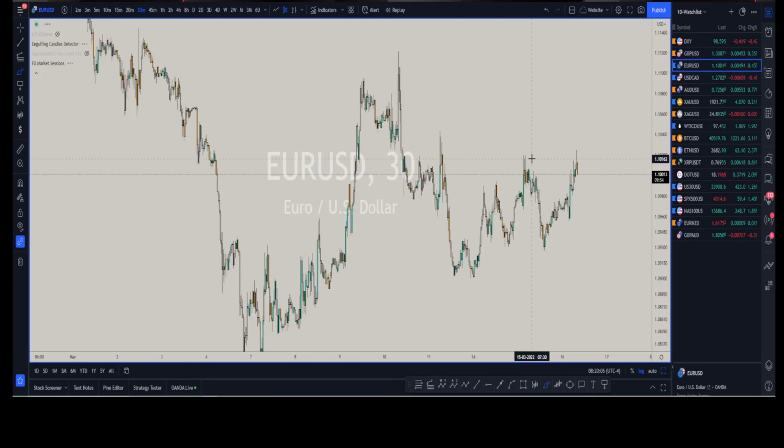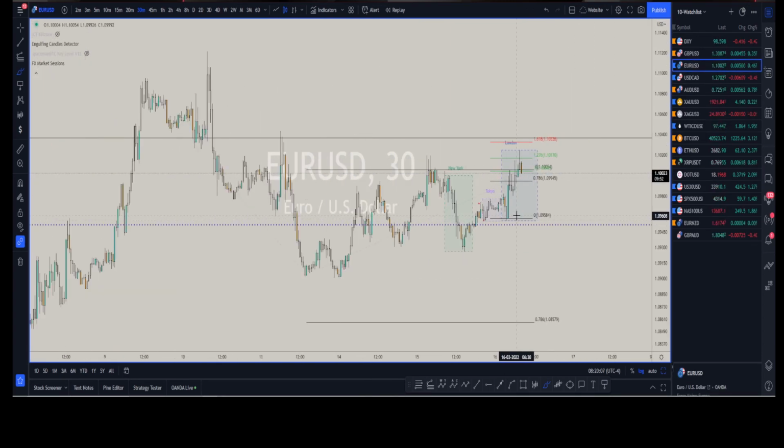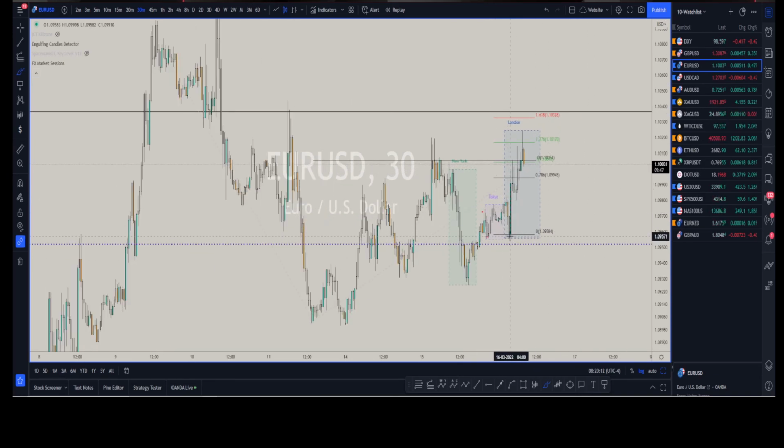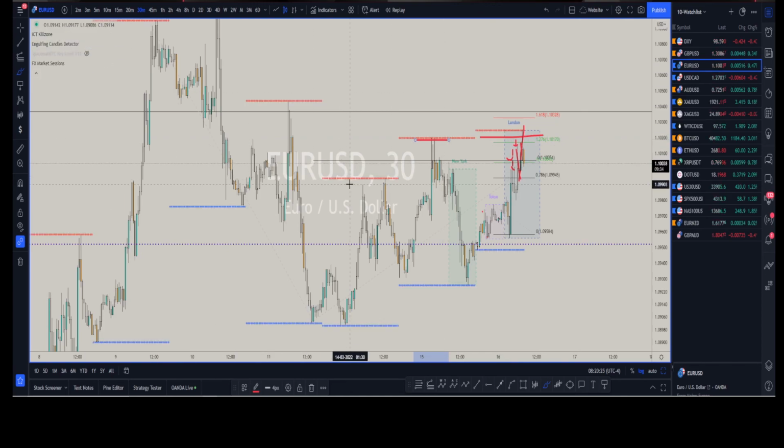See, I'll give you an example for the euro. I'm looking for the euro. They came here, created wicks, created wicks, created wicks into the interest zone and gave dumps on lower time frame. Then they went back up, pushed it, broke the high. Look at this high.